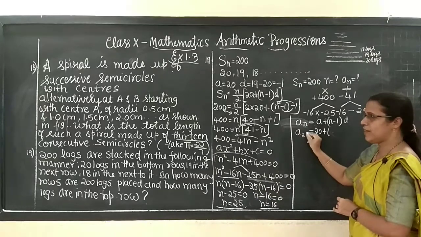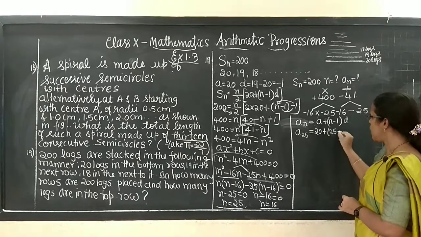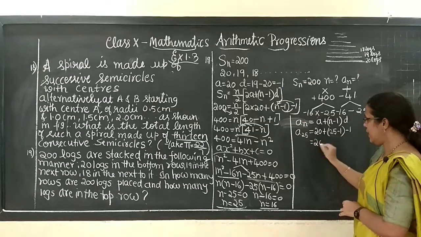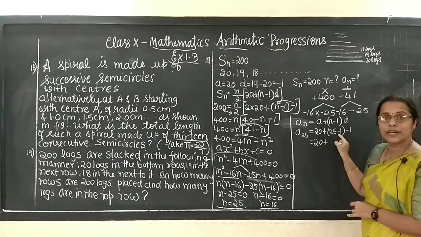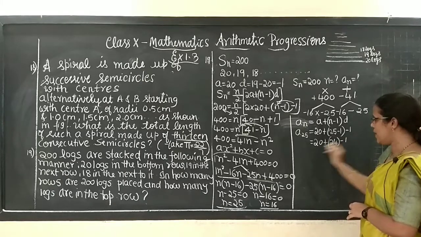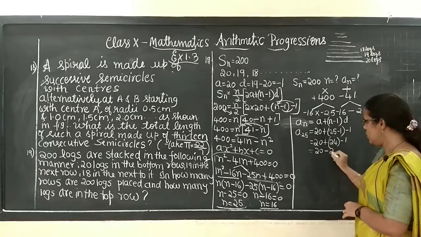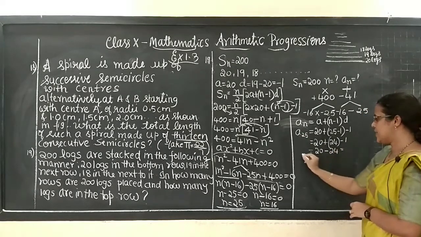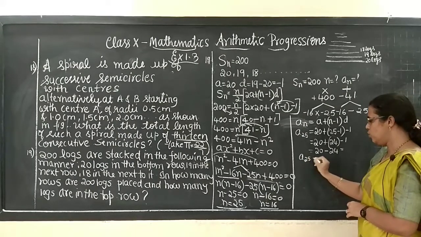So a25: 25 minus 1 into d, which is minus 1. So 20 plus 24 into minus 1, that is minus 24. So what is the answer? a25 is coming negative.